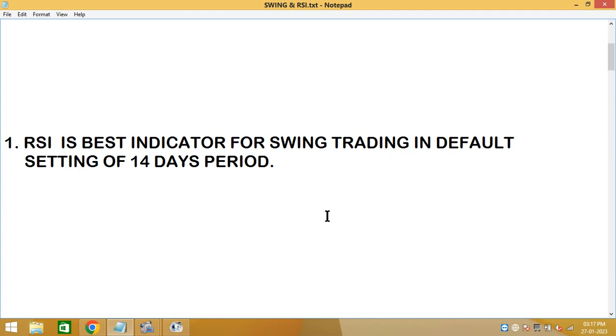Otherwise, this will offset the entire swing trading strategy. The RSI indicator with a 14 days period has been tried millions and millions or billions of times, and that is why it is said that the RSI 14 days period is the most suitable for swing trading. Friends, please do not change this setting.